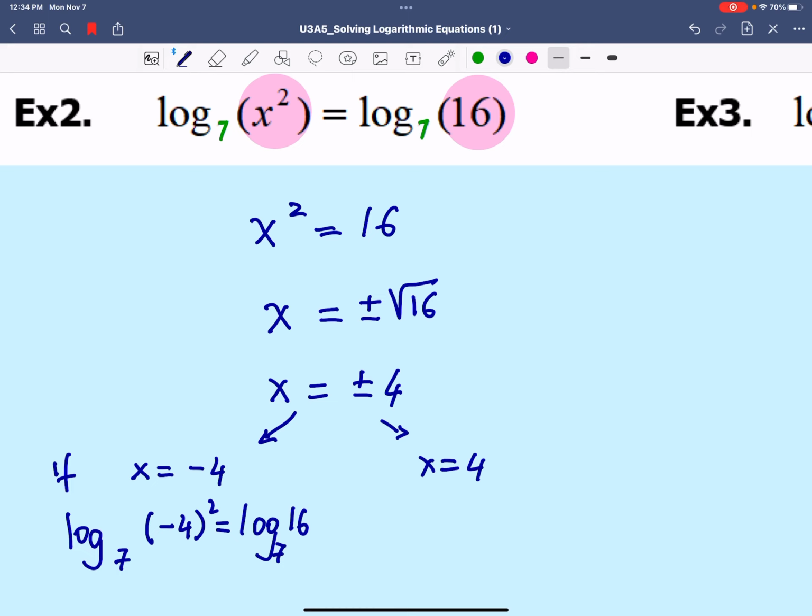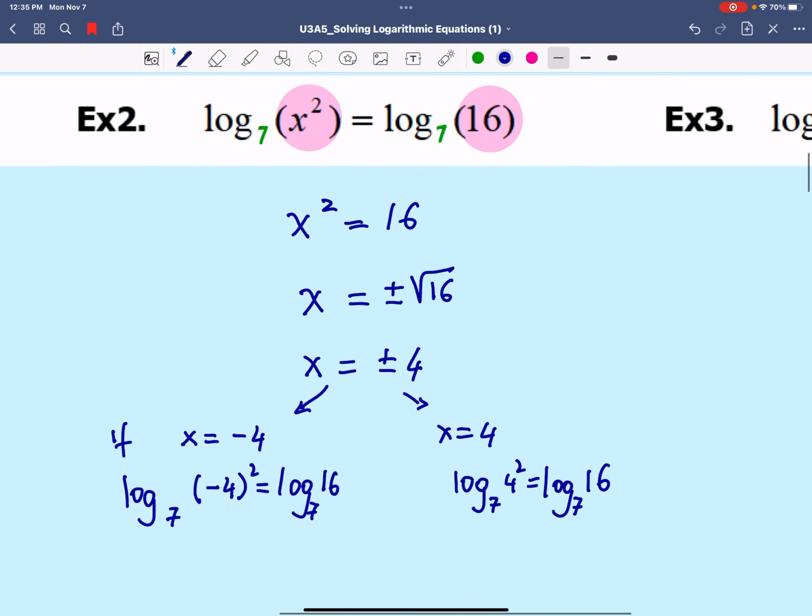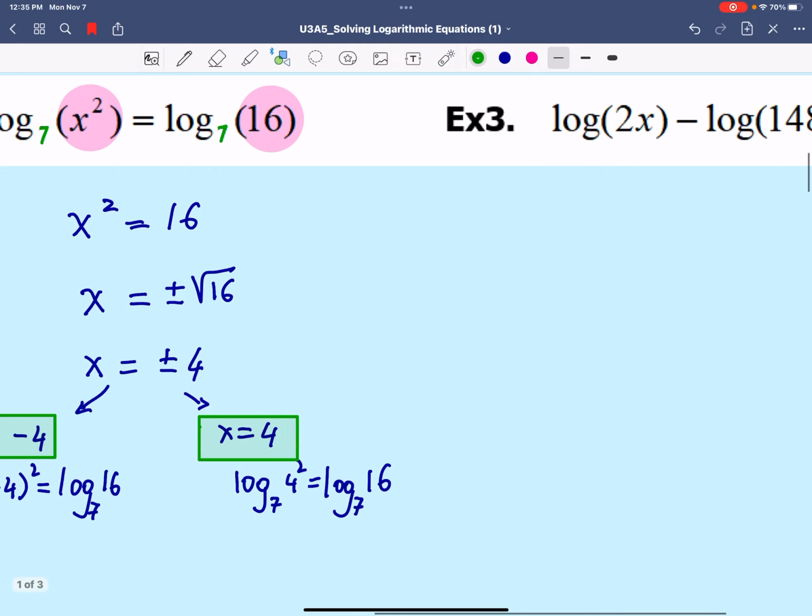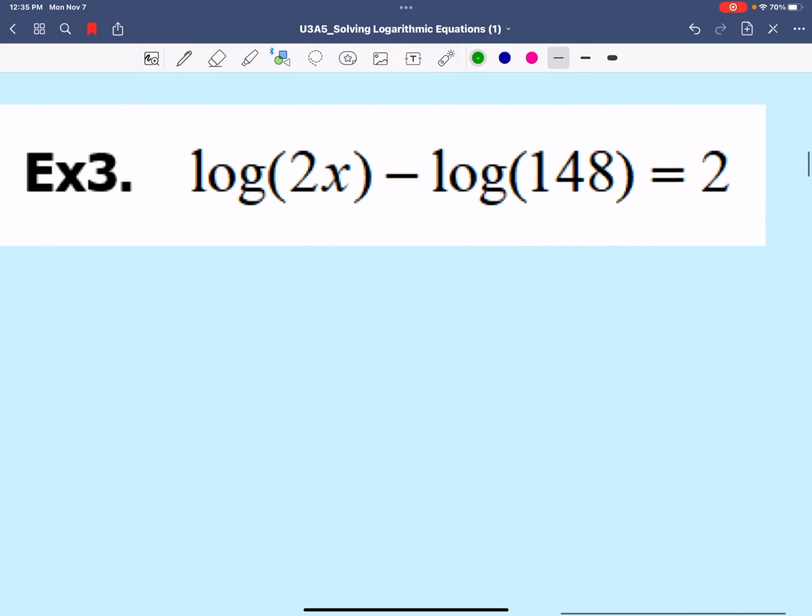And this term exists, so the expression inside is positive. So in the same way, you test the next solution, which is log with base 7 again of 4 squared, which is log with base 7 of 16. And we're going to say that both solutions are acceptable, and therefore there will be two solutions for this equation, x equals negative 4 and x equals positive 4. So let's move on to the next equation.